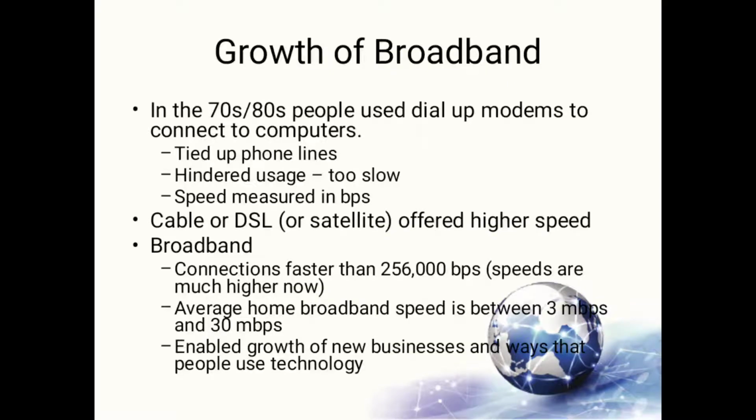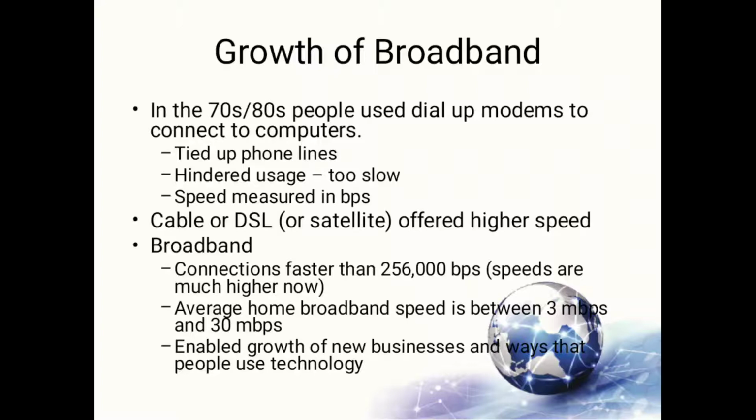Growth of broadband. In the 70s and 80s, people used dial-up modems to connect to computers, which tied up the phone line and limited usage to slow speeds measured in bps. Cable, DSL or satellite offered higher speed broadband connections, faster than 256,000 bps.